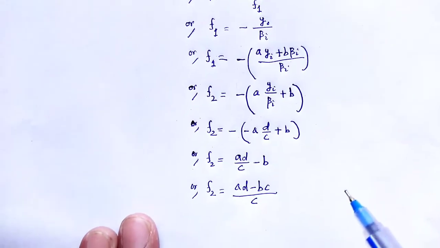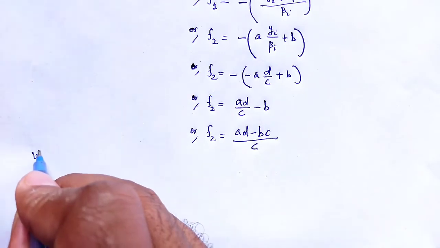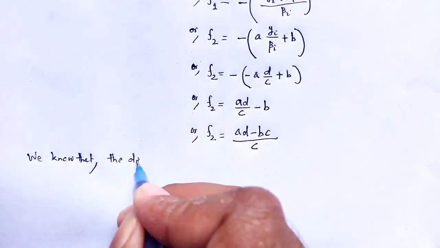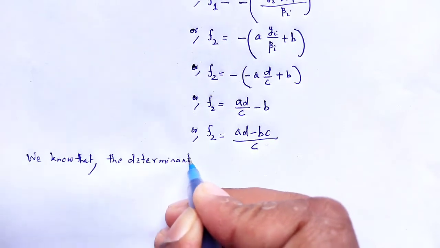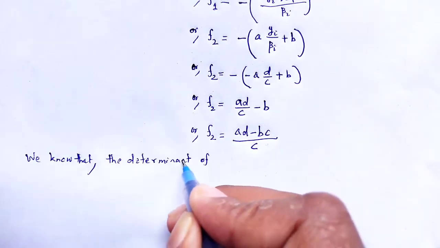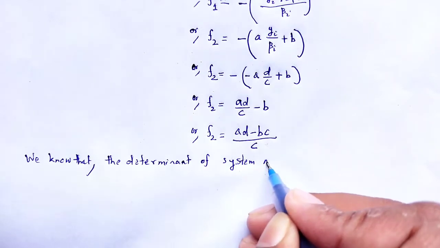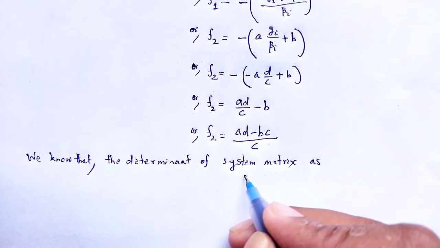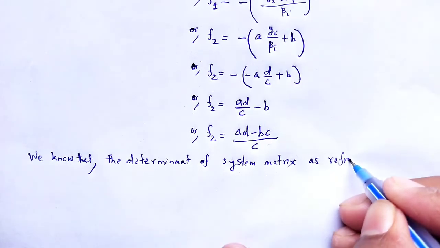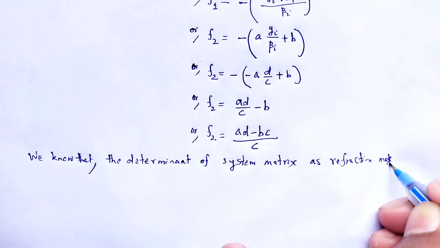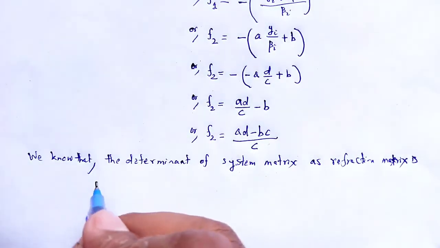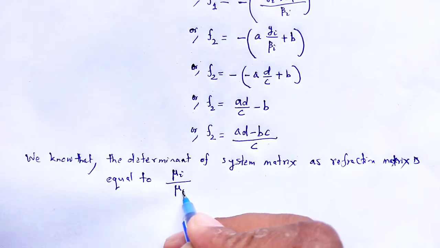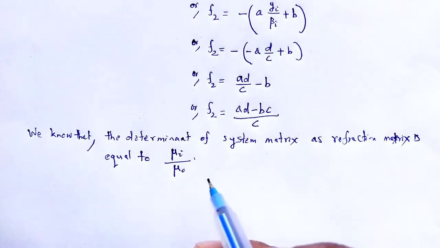But we know that the determinant of the system matrix, as if the system matrix is a refraction matrix, is equal to mu input to mu output, the refractive index of input to the refractive index of output.